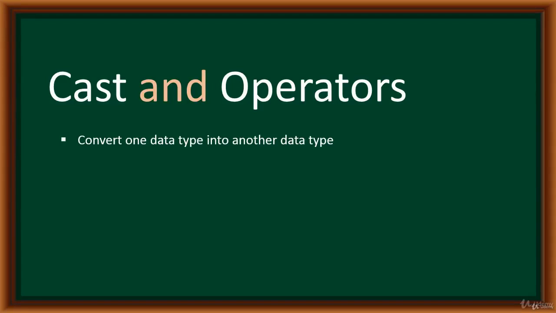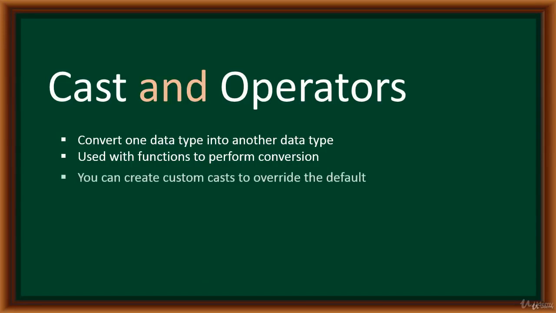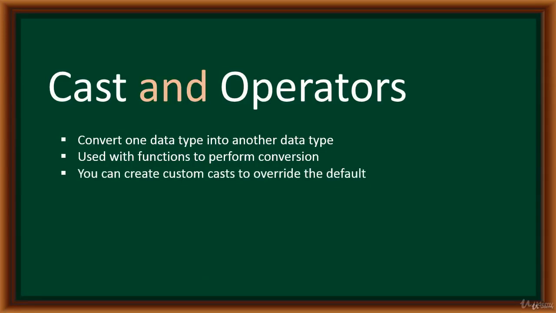When you perform conversions using cast, it's usually done in combination with functions. So you use functions in combination with cast to perform conversions. Postgres has default casts, but you can create your own custom cast that will override the default ones created by Postgres.